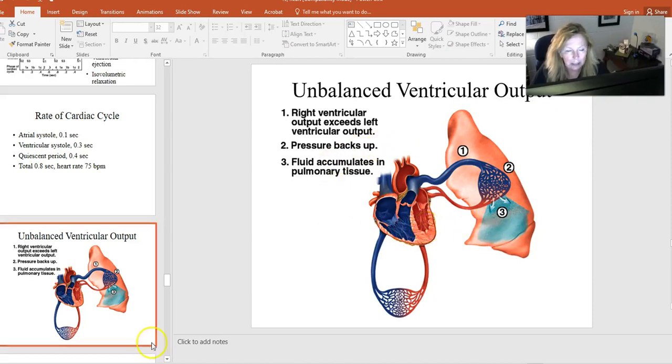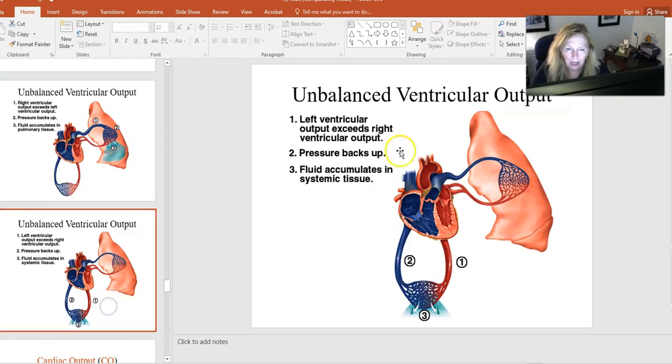So it accumulates in the pulmonary tissues. And what would happen if the left exceeds the right? Then fluid is going to back up in the systemic tissues. And this is not a good thing either.